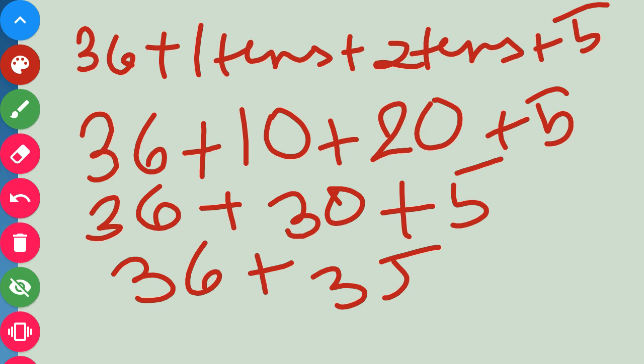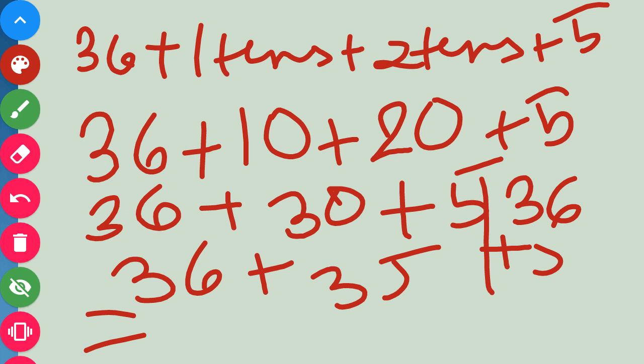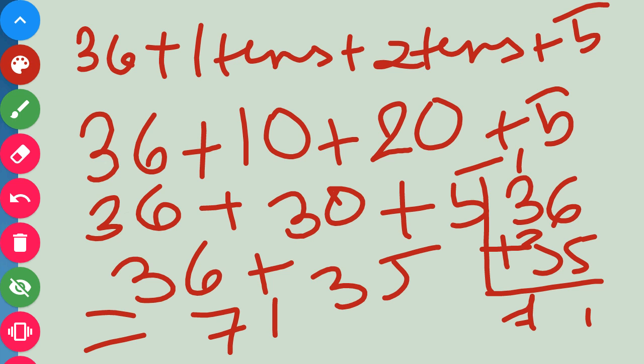Isn't it? Now we will add these two numbers, 36 plus 35. How much we will get? 6 plus 5, 11. Carry 1. 3 plus 3, 6. 1, 7. So our answer will be 71.